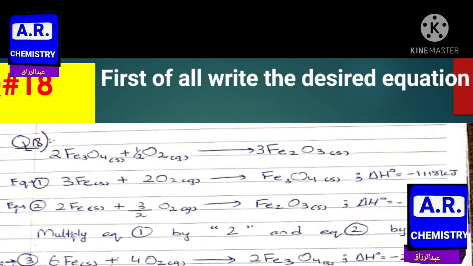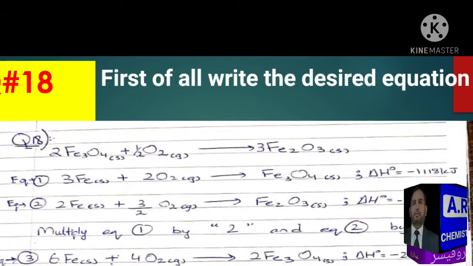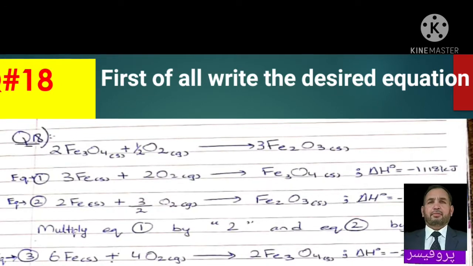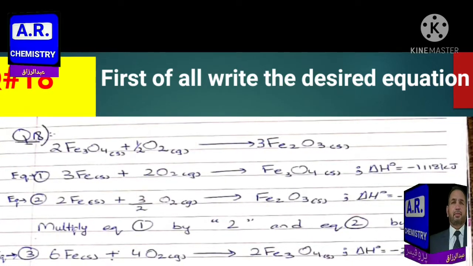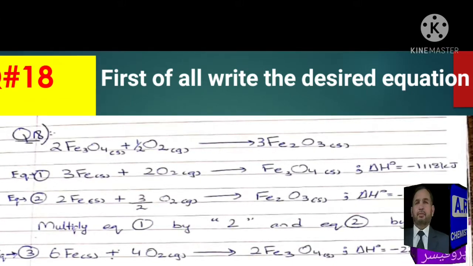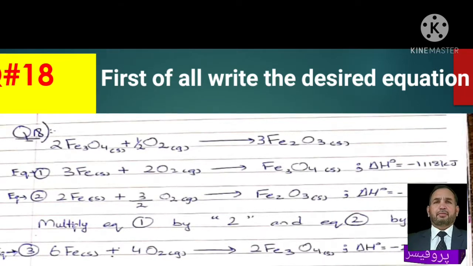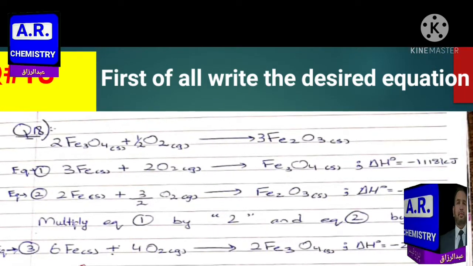So we are to write first the required or desired equation, and the desired equation is written at the top, that is Fe3O4 plus O2 gives us Fe2O3.